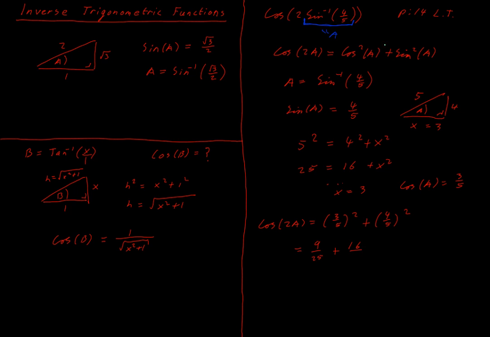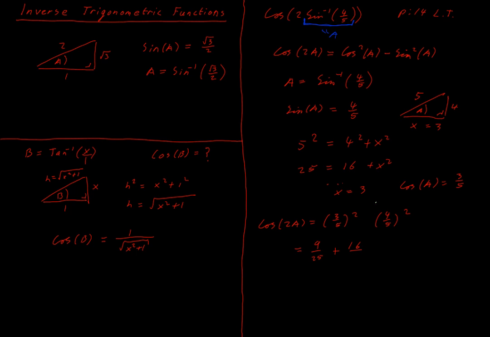Pardon me, I have made a mistake in my formula here. That should say minus. So if we're looking at our log tables, that should say cos squared A minus sine squared A. Cos squared A plus sine squared A would be equal to 1. My apologies.